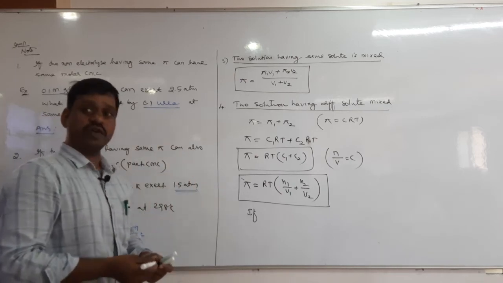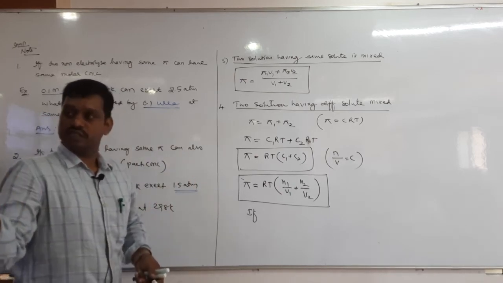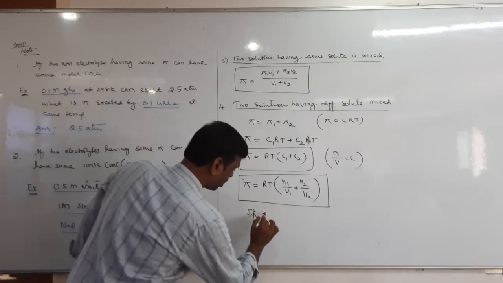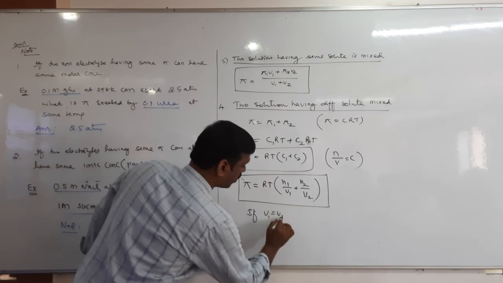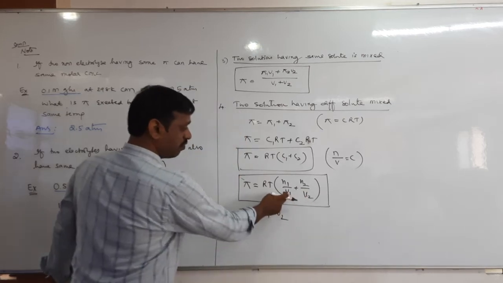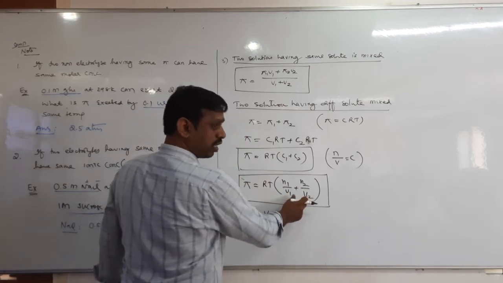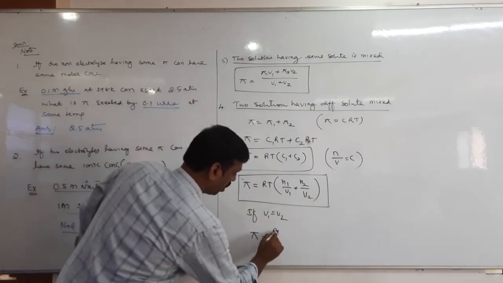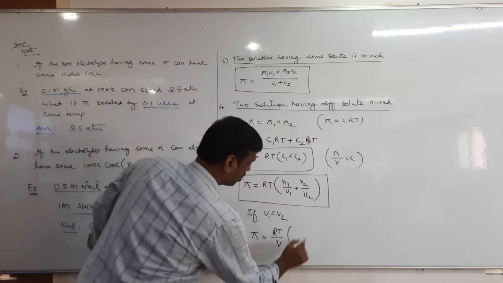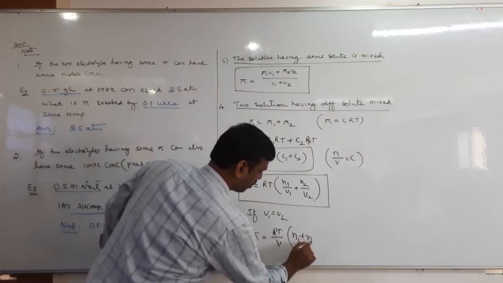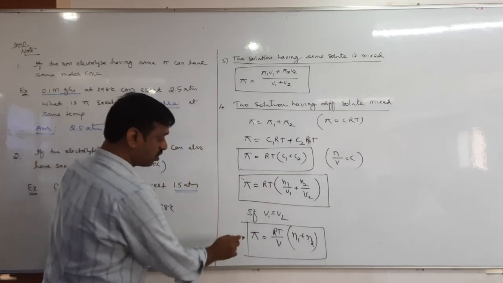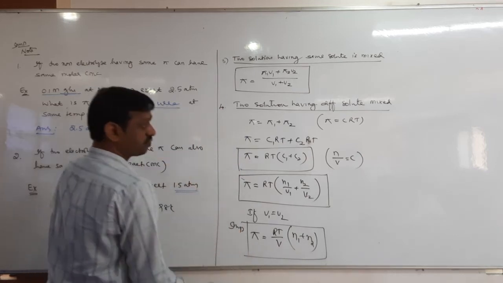If the percentage is given, what is the meaning of that? The volumes are the same. If V1 equals V2, it is V, so take V common: pi equals RT by V times N1 plus N2. If the percentage is given, use this formula. Important.